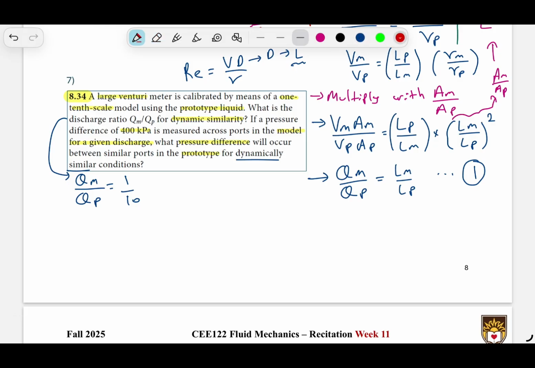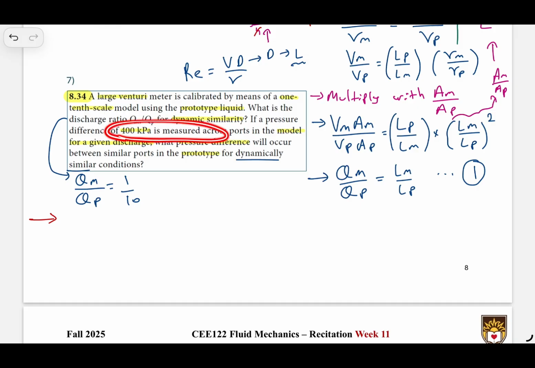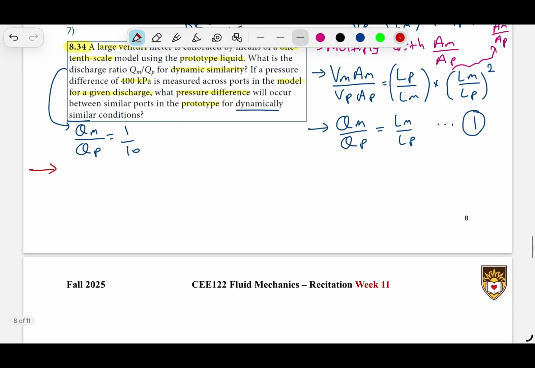And in the second part of the question, this time we need to include the pressure difference, because it is the other important information in this question, to calculate the pressure difference in the prototype. So we also have the pressure coefficient, which is called Cp, or let me say Cm. These pressure coefficients should also be equal to each other.